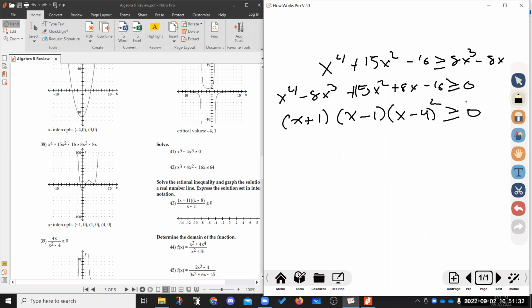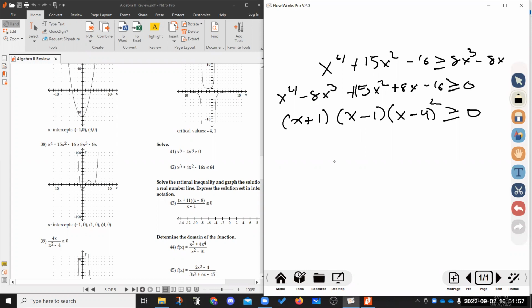That's what that shows me, because it crosses, and then it touches there. So there's my multiplicities 1, 1, and 2. The leading coefficient is 1, so there's no multiplier up front, but that wouldn't really matter here.